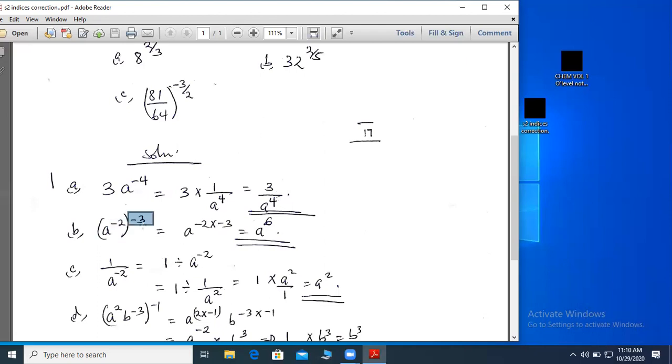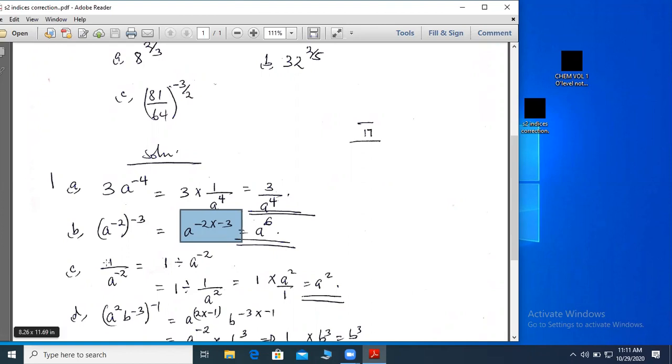So if we have 2 powers, we always just multiply the 2 powers. So the answer would simply be a to the power negative 2 times negative 3. When we have 2 powers, we just multiply them. And a negative multiplied by a negative gives us a positive. So the answer here was a to the power 6.